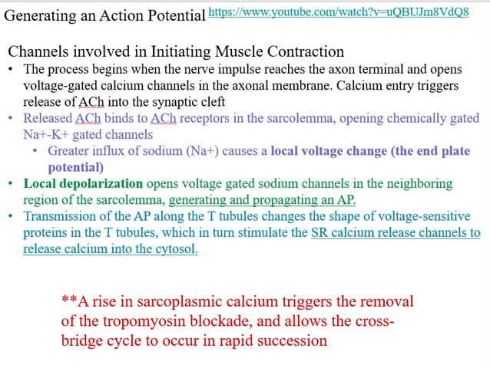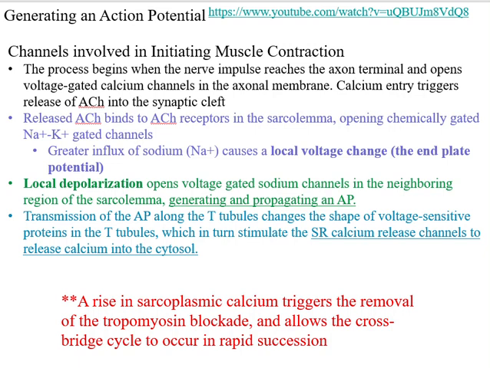And the transmission of that action potential along the sarcolemma will get to the T-tubules. Again, the sarcolemma and T-tubules are connected, and that will allow for the influx of the action potential inside of the cell and the opening of calcium channels of the sarcoplasmic reticulum that contain calcium, which abut the T-tubules.